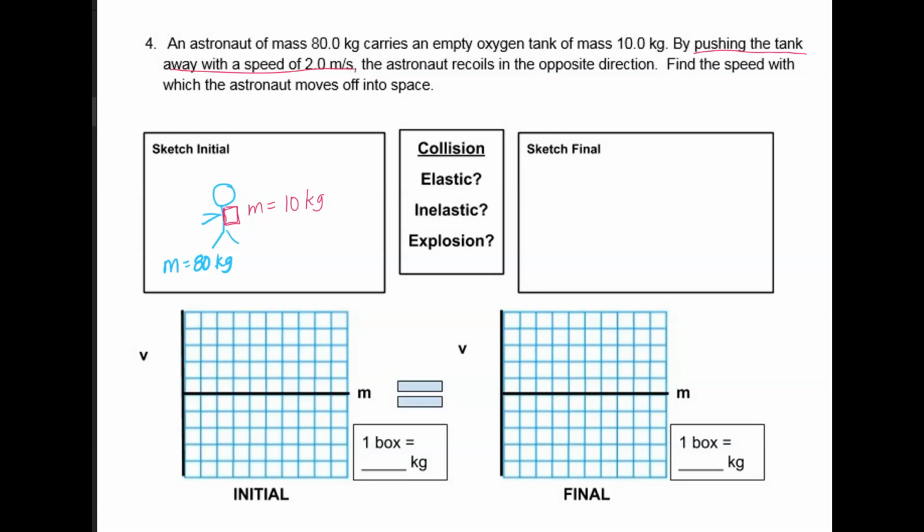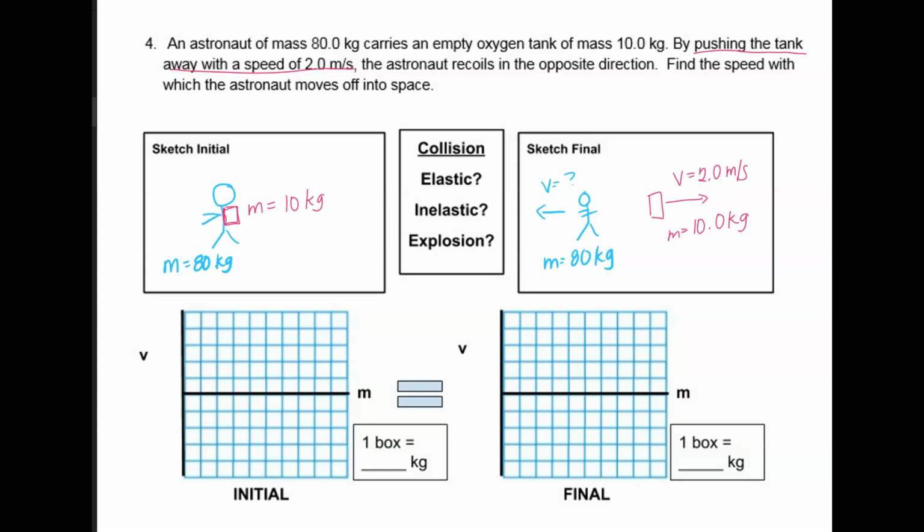So that means that the tank is going one way at a velocity of 2.0 meters per second, and the astronaut is going the other way at, we don't know, but their masses stay the same. So we know that much.